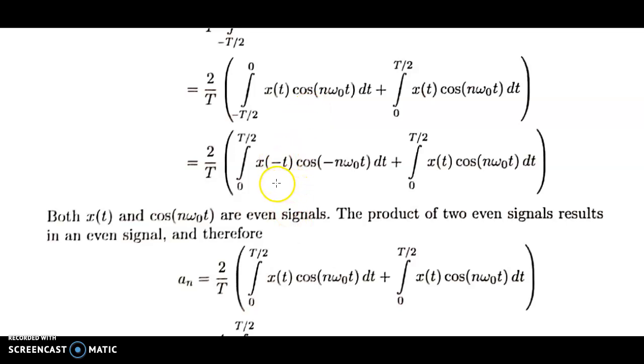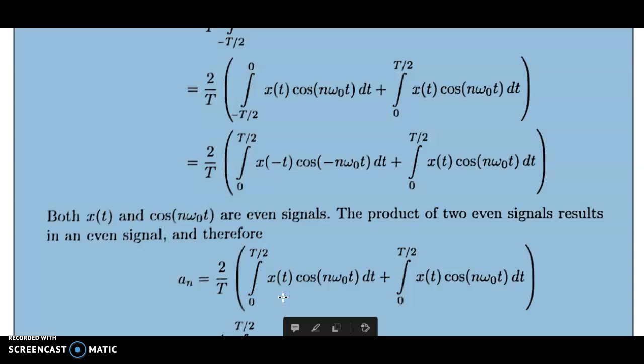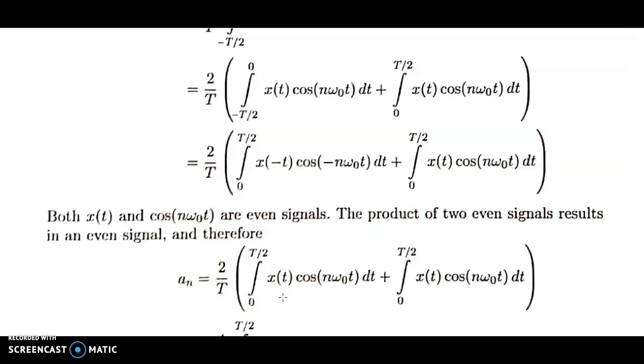And we know x of minus t is equal to x of t, since this x of t is an even signal. Also we know cos of minus theta is cos theta itself. Therefore within the bracket we are now left with two different integrations, and both are the same: integral 0 to T by 2 x of t into cos n omega 0 t dt.